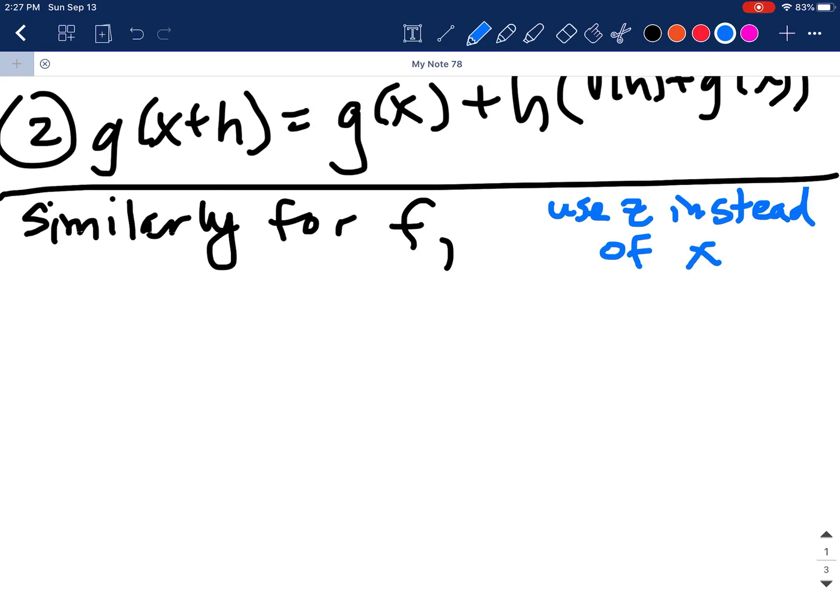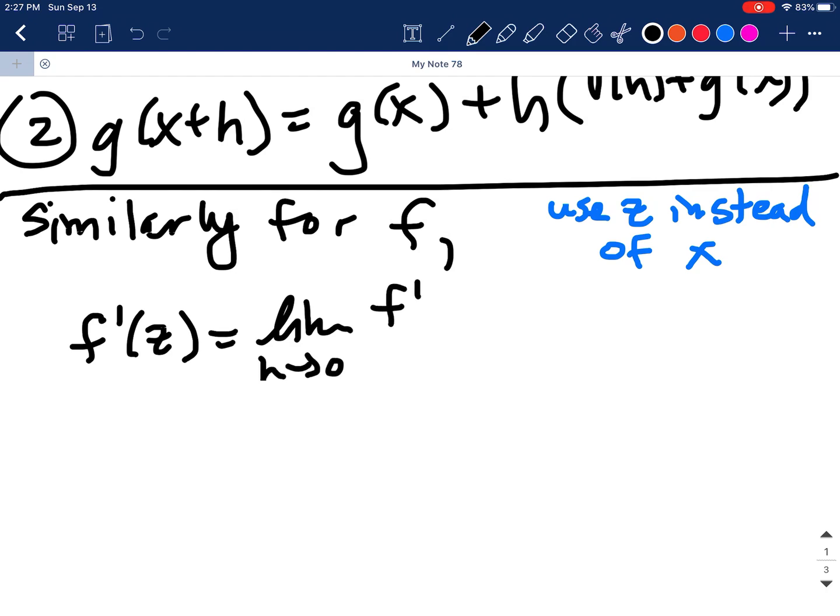So note z is just another variable just like x, but I'm going to avoid confusion of that x floating around by just using a different letter z. So I could do the same thing for f of z. So f prime of z is going to be the limit as h goes to 0 of f of z plus h minus f of z all over h.